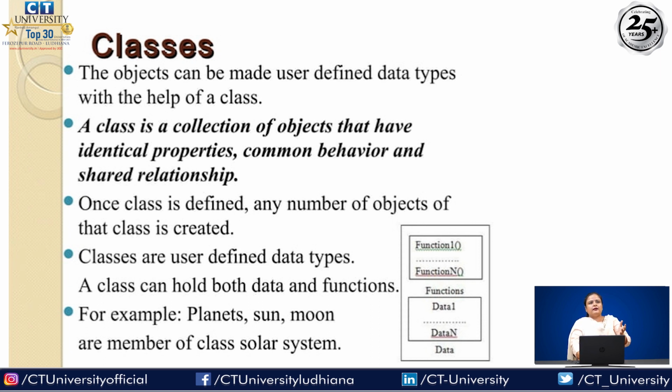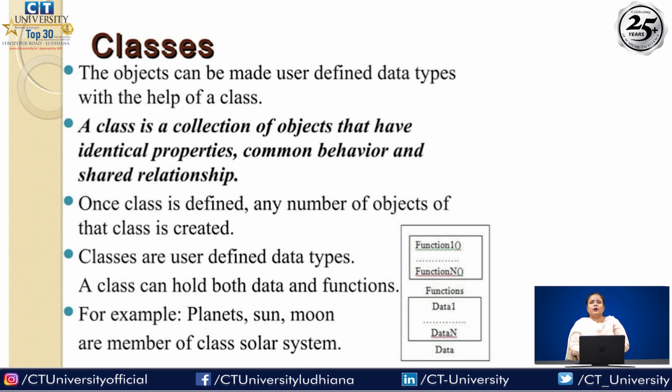Clear? Another example is a solar system. In the solar system we have so many objects, like moon, sun, planets. If we say that the solar system is a class, then moon, star, Earth, Mercury, Jupiter are the functions of the class.